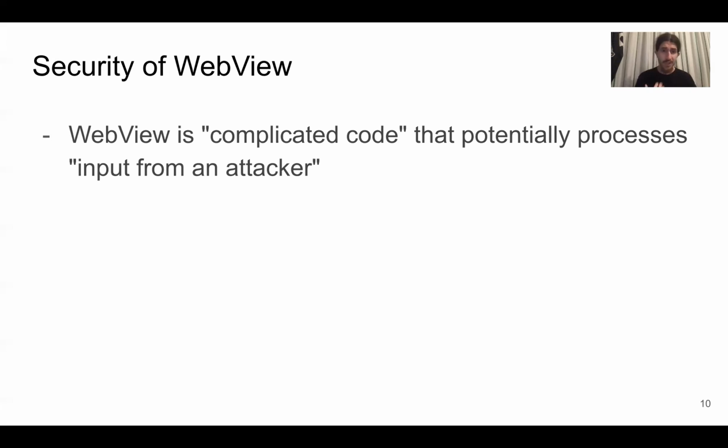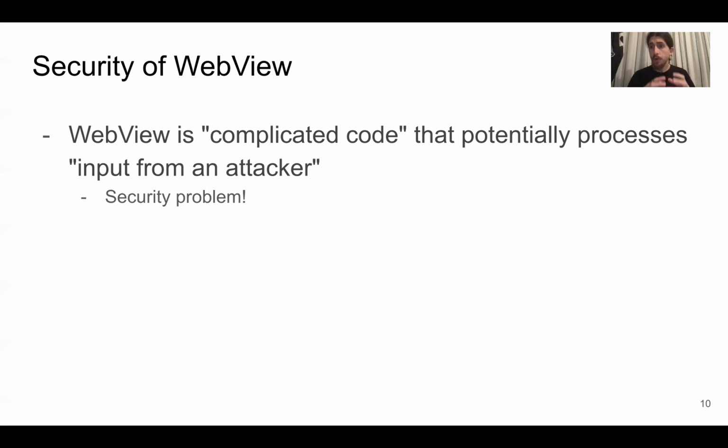Okay, so web view is also very complicated because it has this feature of taking HTML, parsing it, rendering it, and so forth. And it happened that there are security bugs. Now, that's a security problem, but the biggest security problem is that this web view was somehow embedded in the application and in the framework.